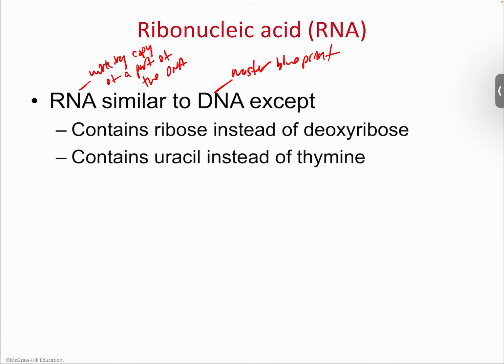So for instance, RNA will be basically a copy of the information needed to make a specific protein.